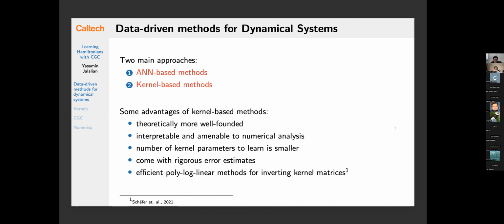Moreover, the number of kernel parameters to learn is significantly smaller in most cases than the number of hyperparameters that somebody would need to tune for neural networks. They also come with rigorous error estimates, and there exist efficient polylog linear methods for inverting kernel matrices, which allows dealing with a large amount of data in a computationally fast way.